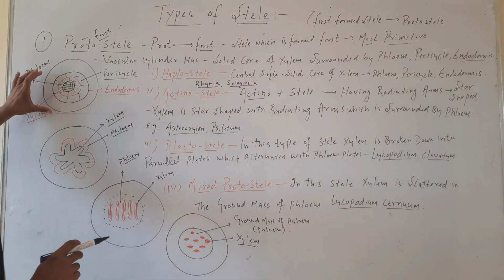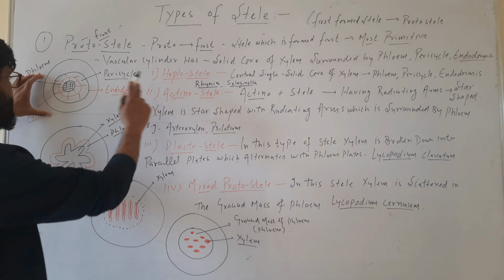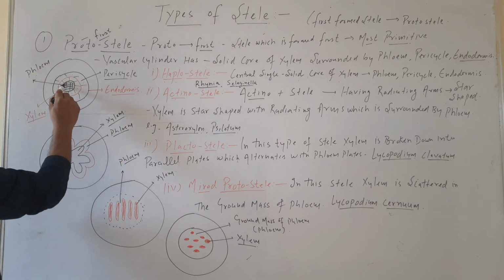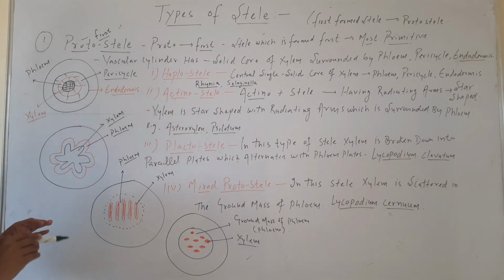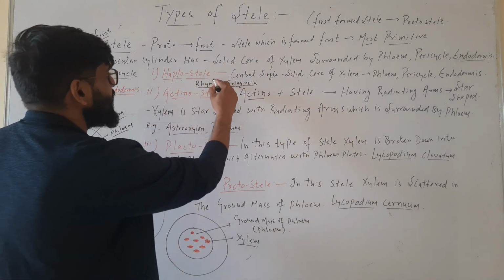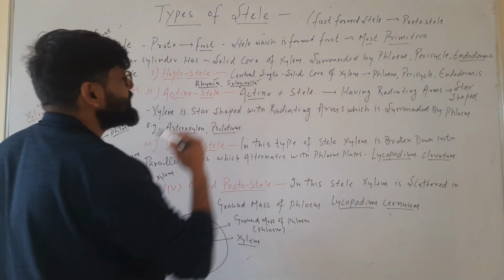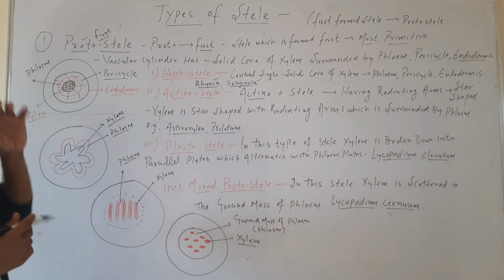This is a diagram of haplostele. Here you can see a single cylinder of xylem which is surrounded by phloem, pericycle and endodermis. This type of stele is found in Rhynia and in many species of Selaginella. So this is haplostele.